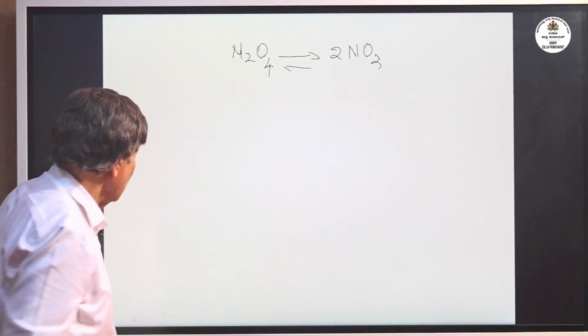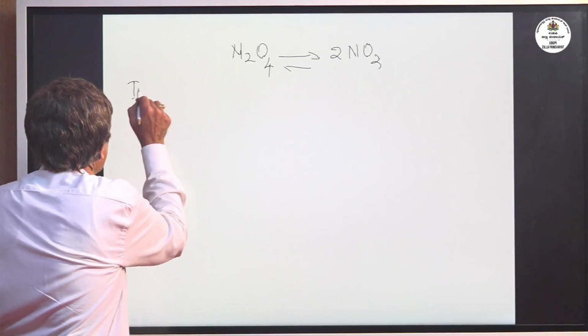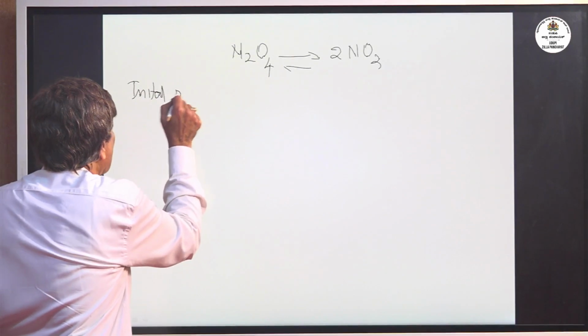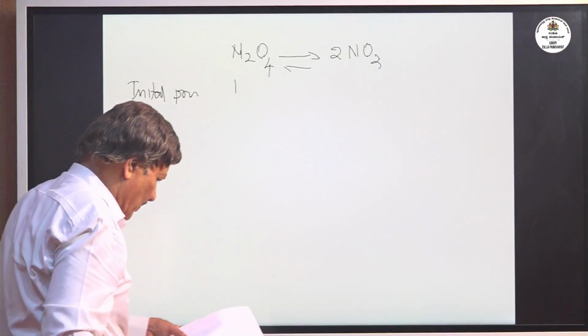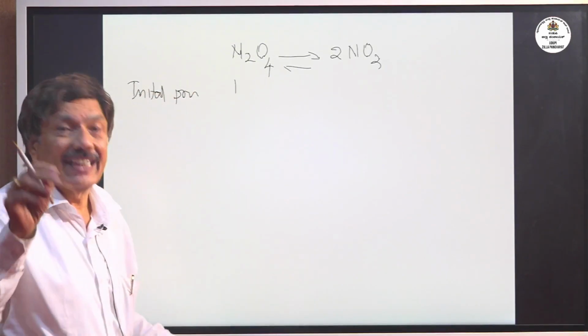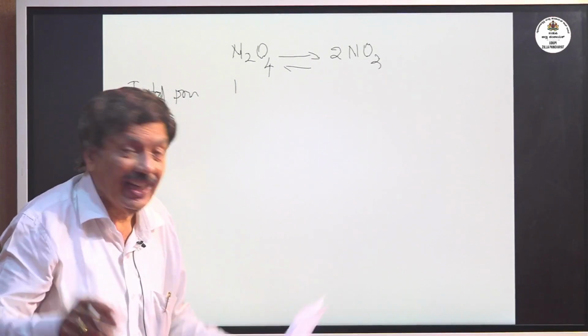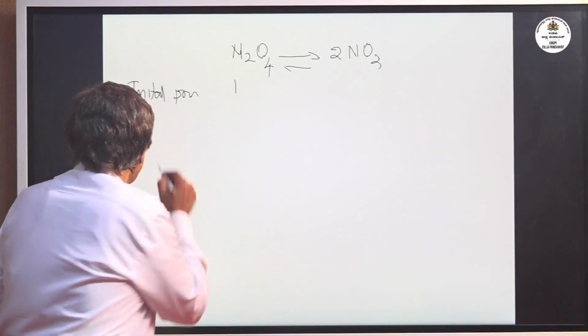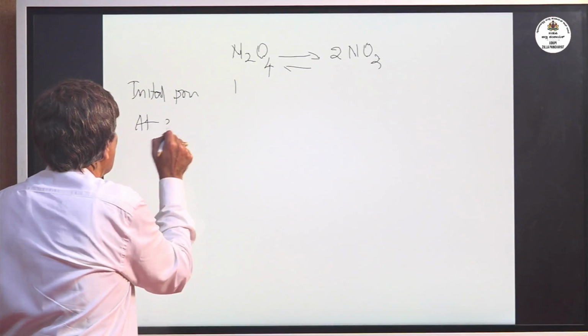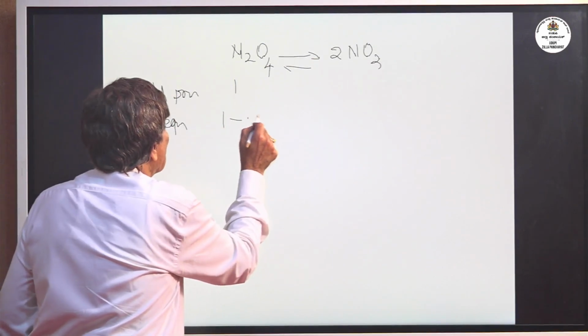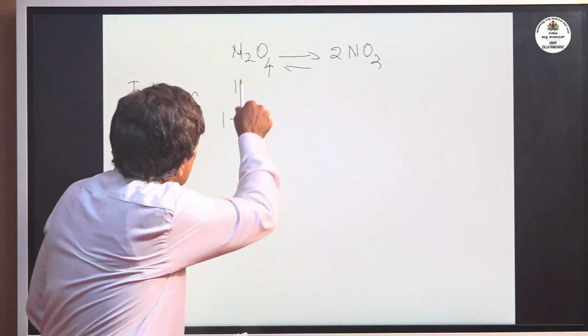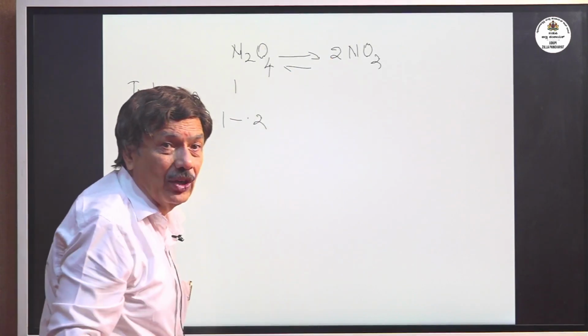So initial pressure is how much? Initial pressure 1 atmosphere, right? And they are telling degree of dissociation is 0.2. So at equilibrium, 1 minus 0.2. See the reaction stoichiometry. Double of this is NO2 formed.